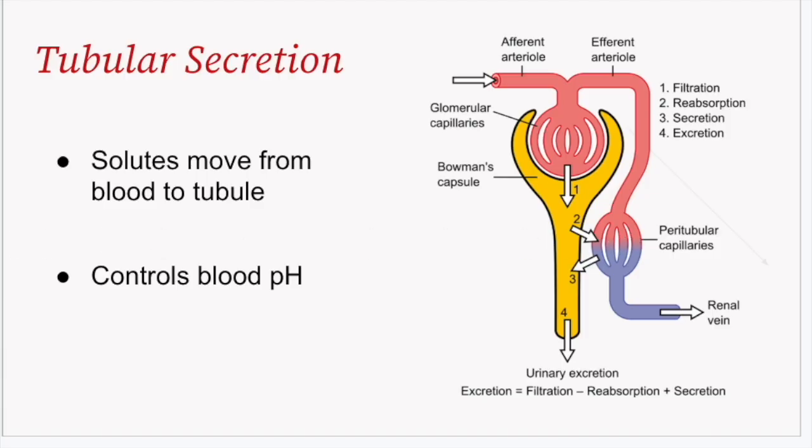And at the end, we end up with urine. And so that urine is going to travel through the medulla of the kidney into ultimately the renal pelvis and the ureters.